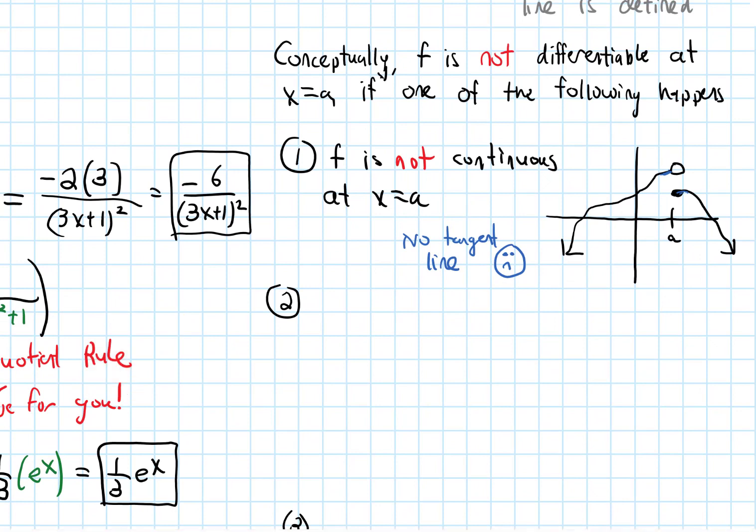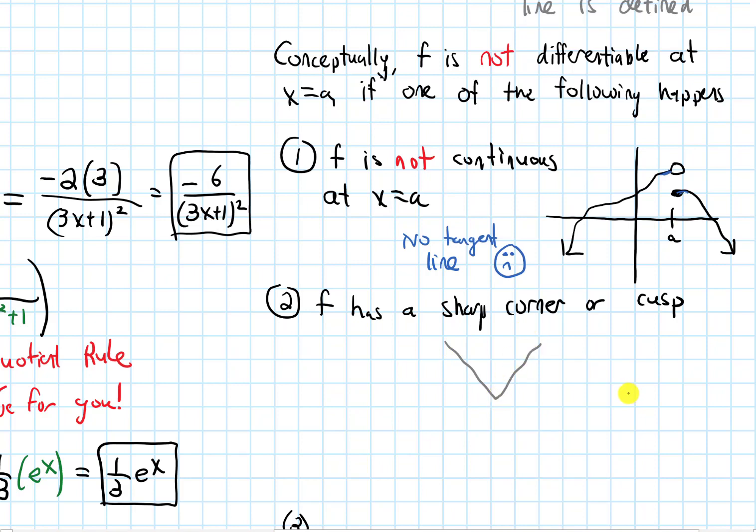where our function is not going to be differentiable is if f has a sharp corner, or a cusp. A sharp corner looks like this, maybe like a straight line segment, sharp corner.